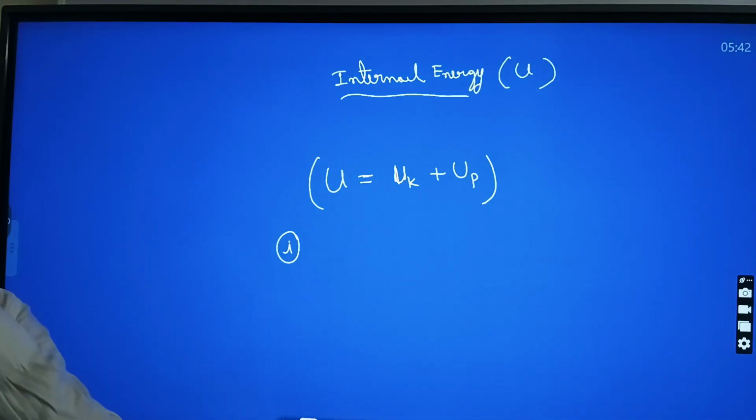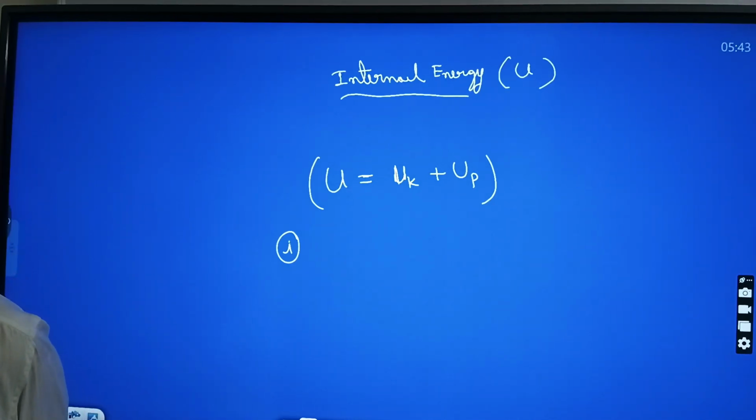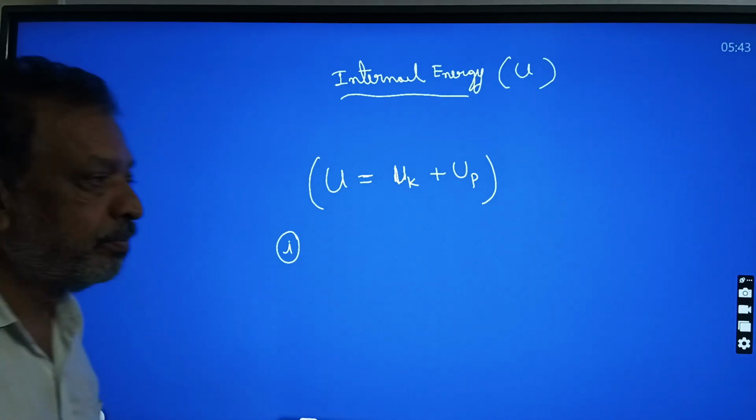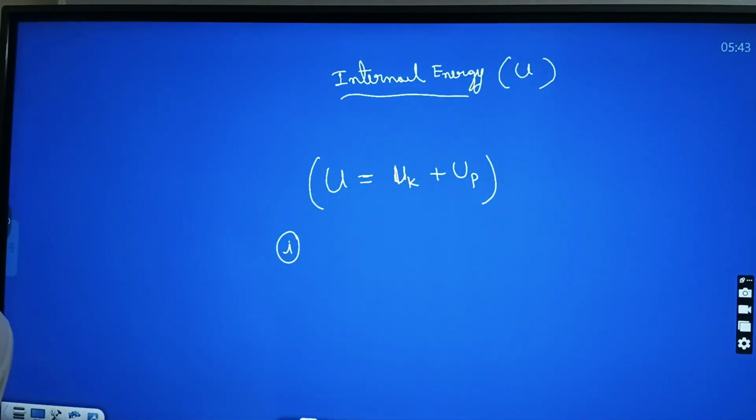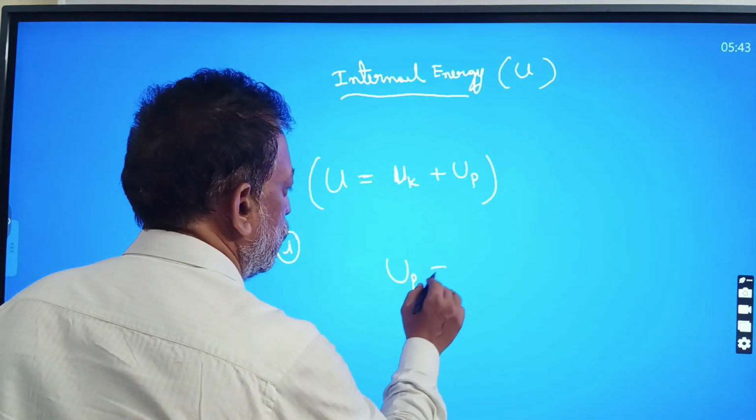For an ideal gas, there is no molecular attraction, so potential energy is equal to 0.